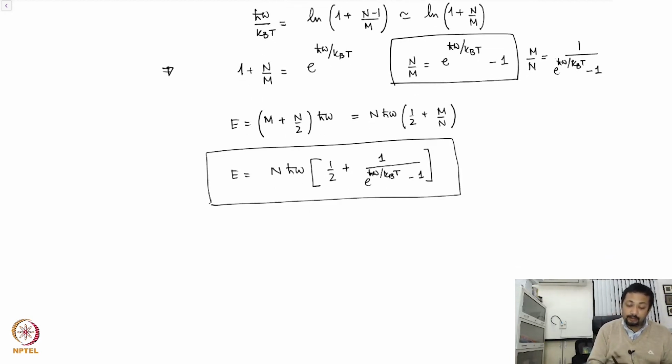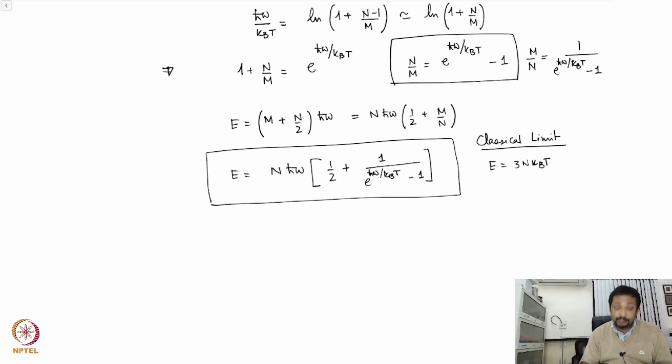Now, the question is, I want to cross-check and validate my result. So the best way to check it, the first thing that you check, is the classical limit. In the classical limit, we have seen that this system is going to have an energy 3nkBT.